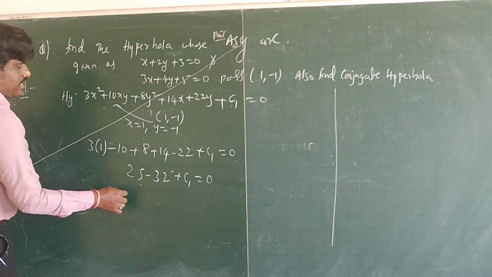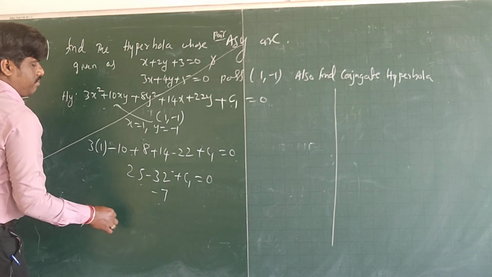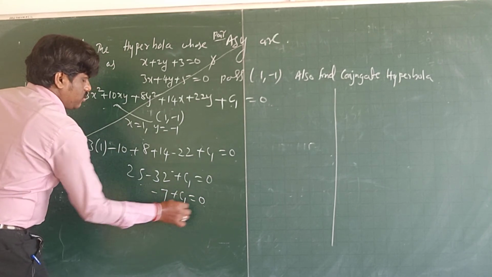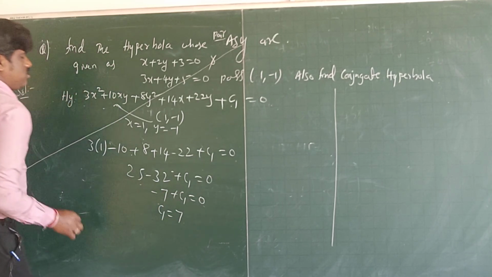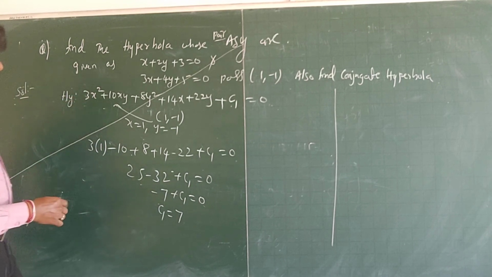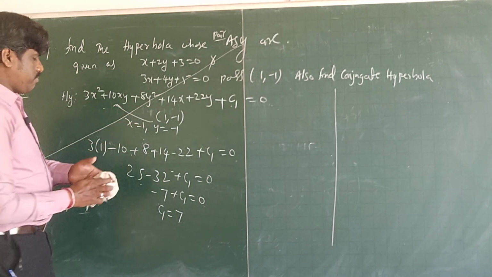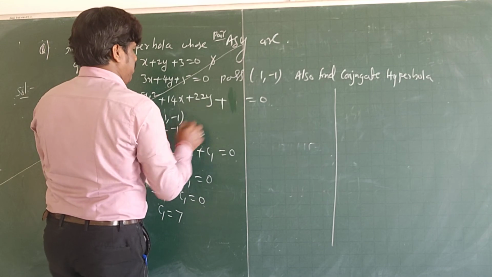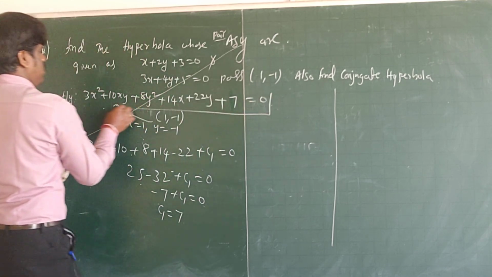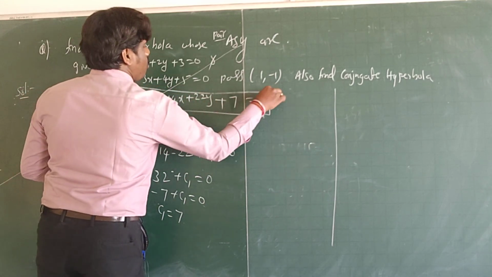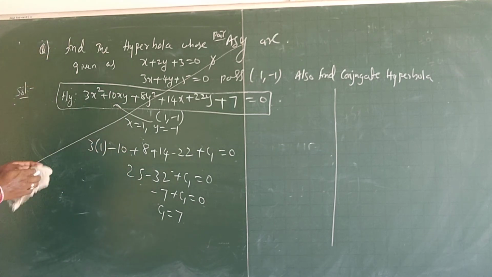So if I subtract here, minus 7 I will get, minus 7 plus c1 is equal to 0. So c1 is equal to 7. So equation of hyperbola will become 3x square, and here in the c1 place I will get 7. So this is the equation of hyperbola. Equation of hyperbola we got.